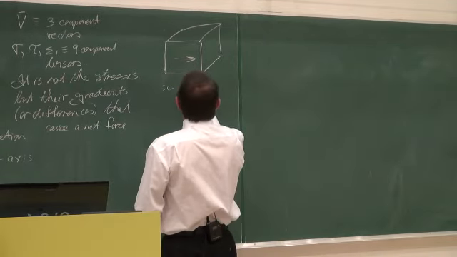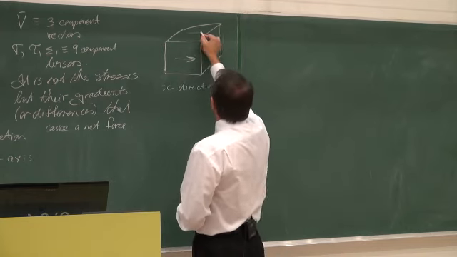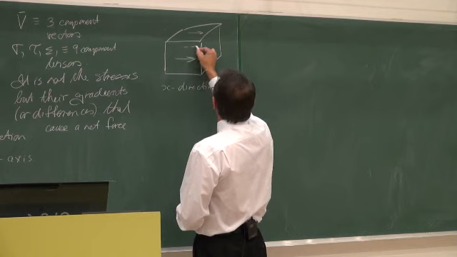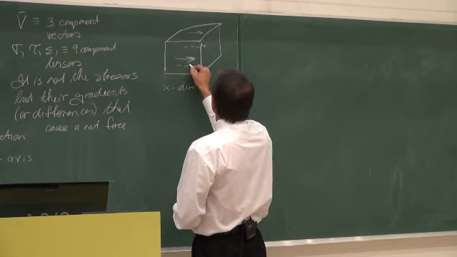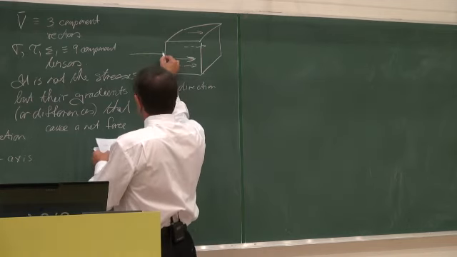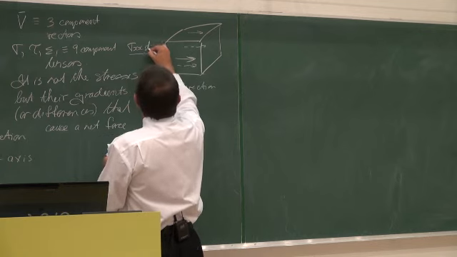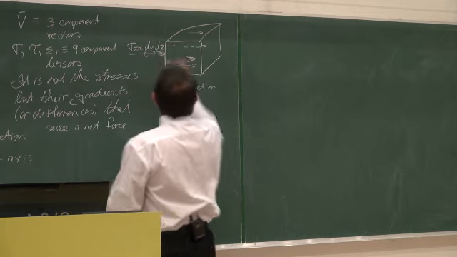I'm only referring to the x direction now. There's going to be one there, one at the back, one on that surface there, and on that surface we are going to have sigma xx dy dz.